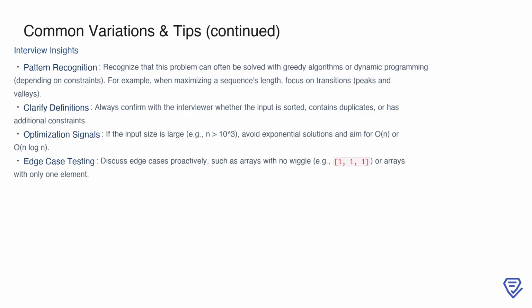For example, confirm whether the input is sorted, whether duplicates are allowed, or if there are any additional constraints. If the input size is large, avoid exponential solutions and aim for a time complexity of O(n) or O(n log n). Finally, proactively discuss edge cases. Bring up scenarios like arrays with no wiggle, such as 1, 1, 1, or arrays with only one element, as these can demonstrate your attention to detail and thorough understanding of the problem.